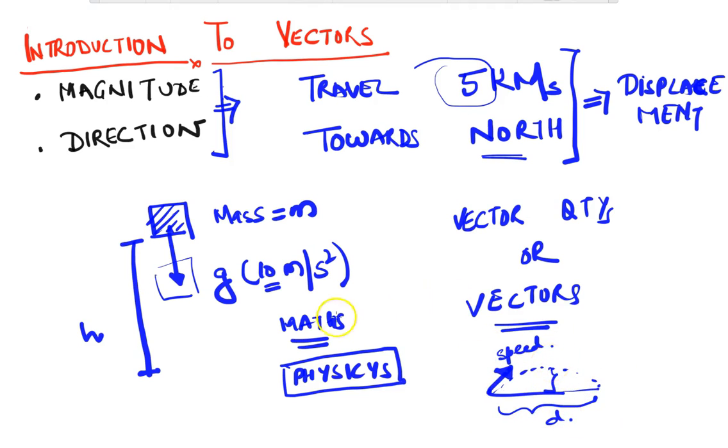Right? Similarly, you can take an example of force. What direction you apply the force will define what this mass will do, whether it will move up, whether it topples over.